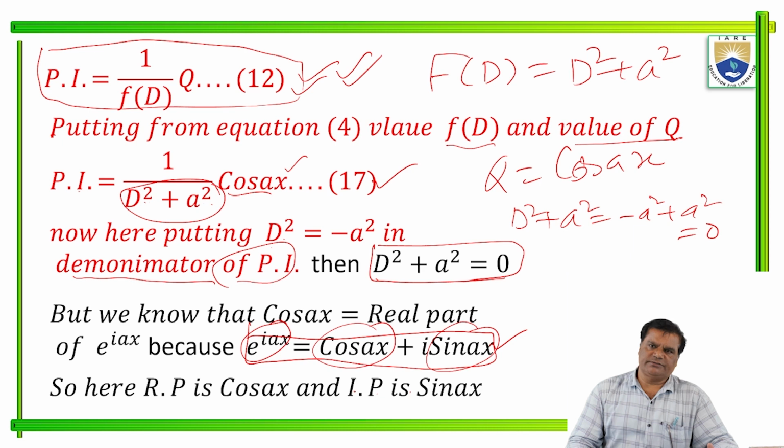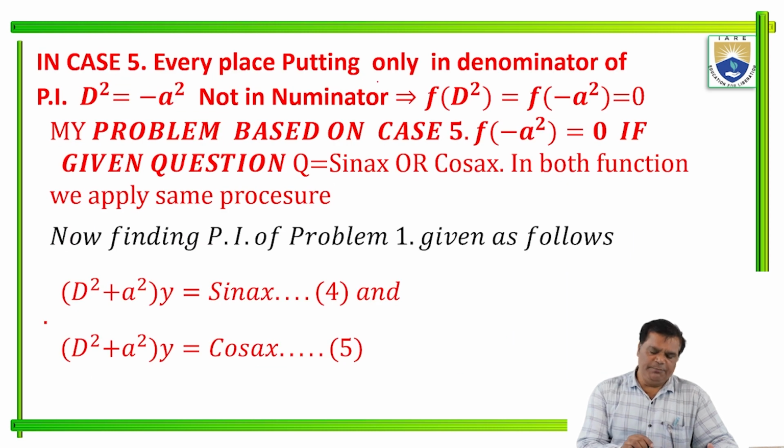In case 5, we put D square equal to minus A square only in the denominator of PI, not in the numerator. Then F(D square) equals F(minus A square), putting D square equal to minus A square. But this must be 0.